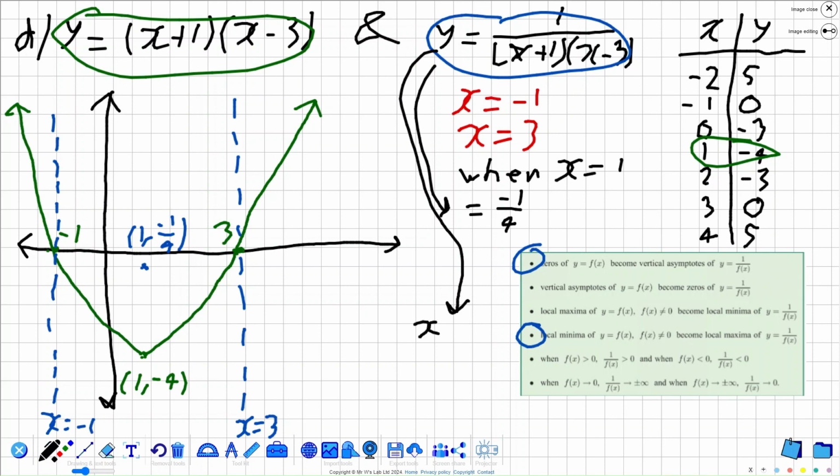Now I might just create a little table to help me graph all this, and I'll do a quick one so I can get an idea of some of the points. So if it's before the asymptote, so -2, -1.5, and then we already know what it looks like in the middle because we've got the local maximum, and on the other side I can put a 4 and a 5.